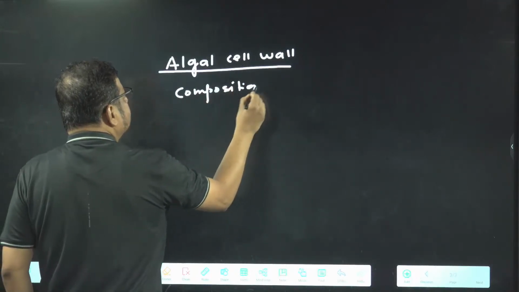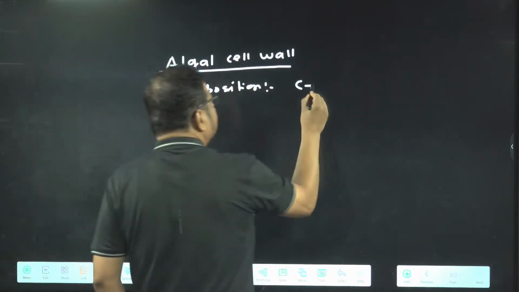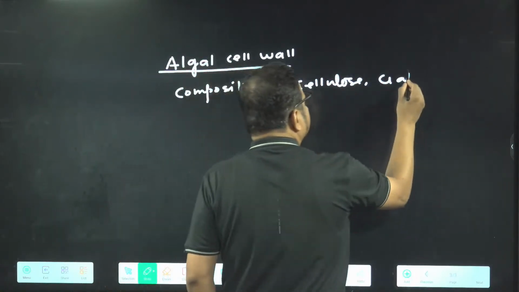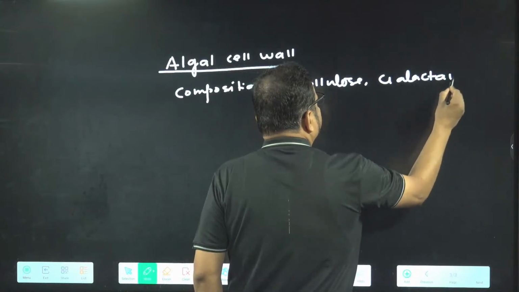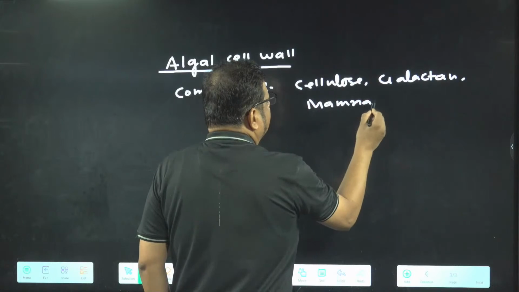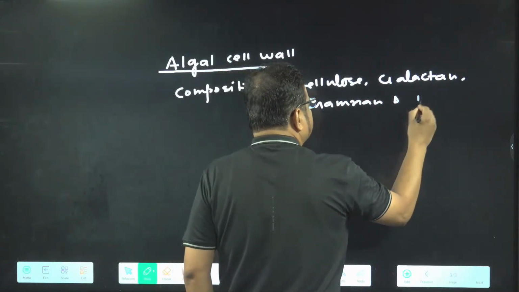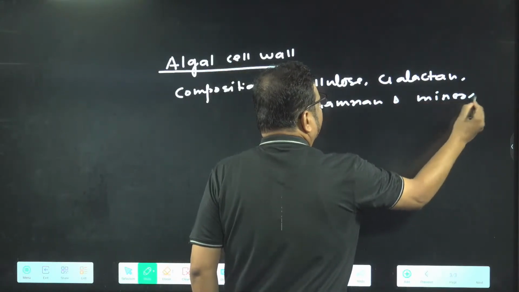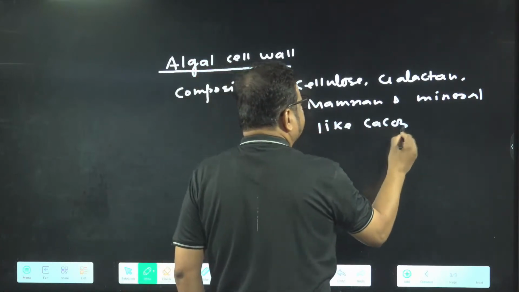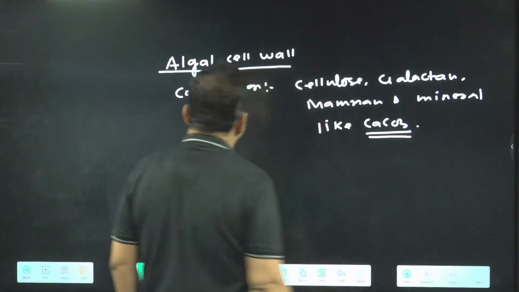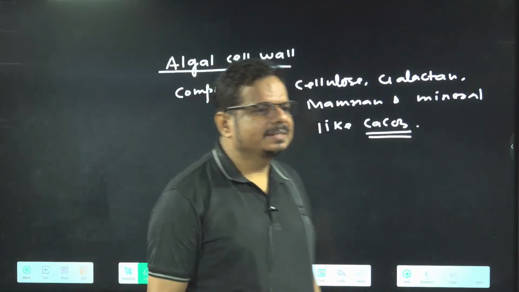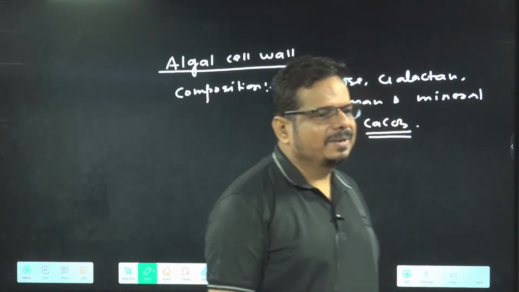Composition of the algal cell wall is cellulose, galactans, mannans, and minerals like calcium carbonate. These are present in the cell wall of which one? Algae. Cellulose, galactans, mannans, and minerals like calcium carbonate.